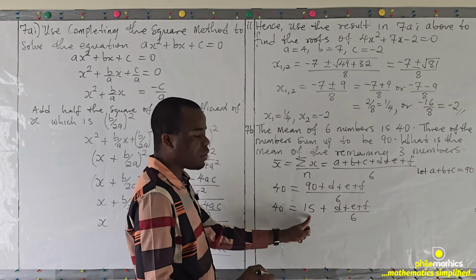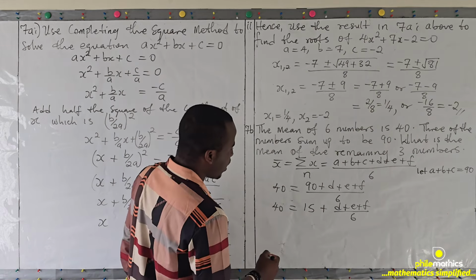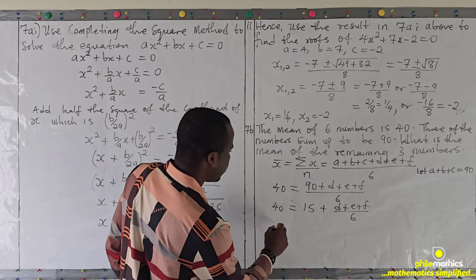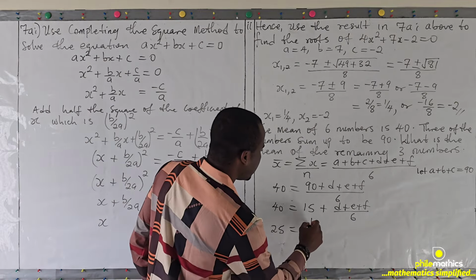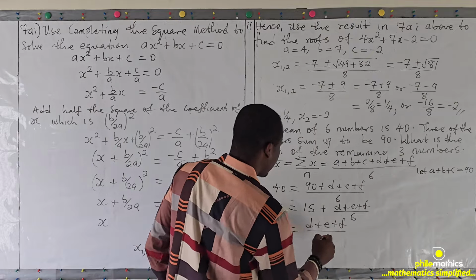I can subtract 15 from both sides, and then I'll get 40 minus 15 is 25, equals D plus E plus F over 6.